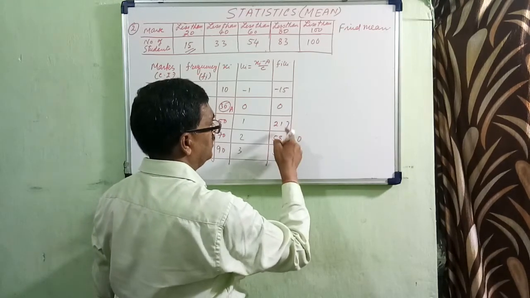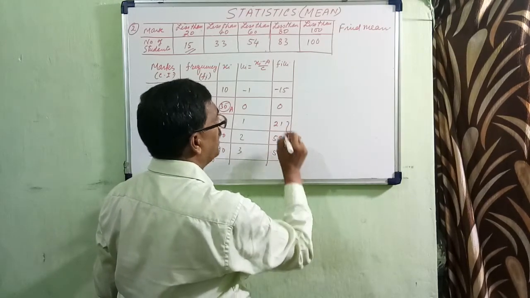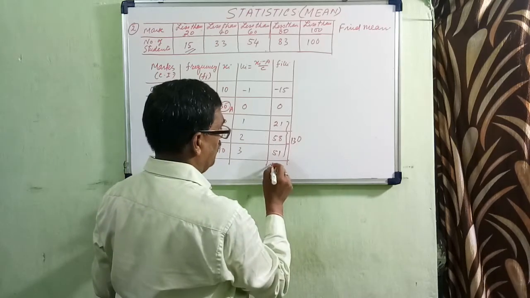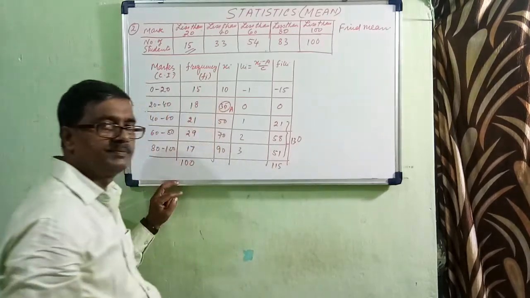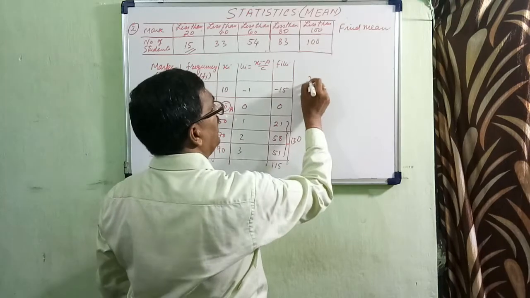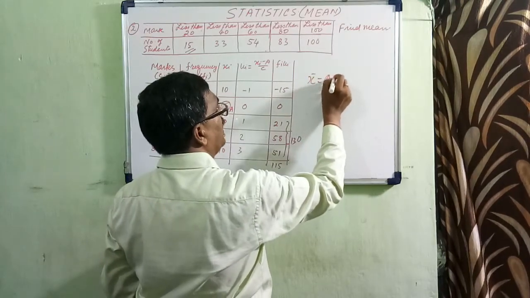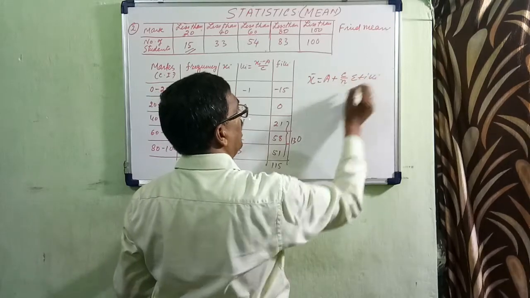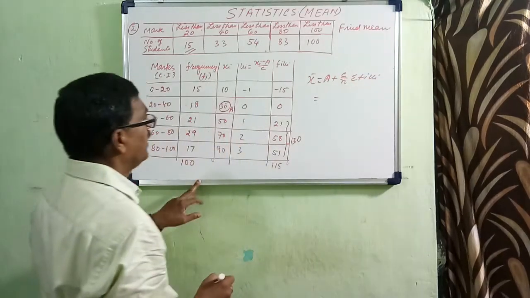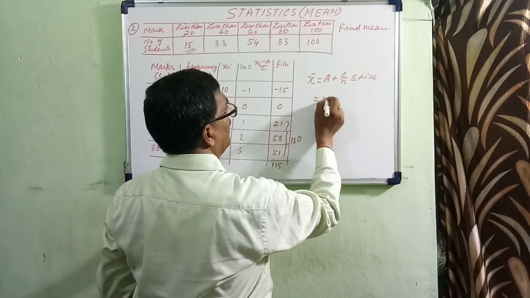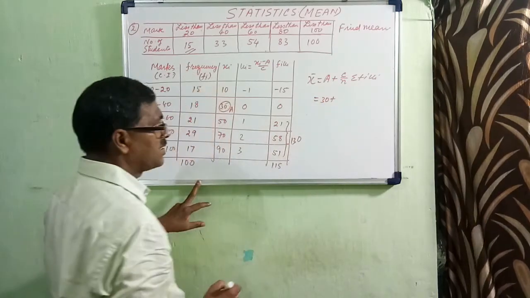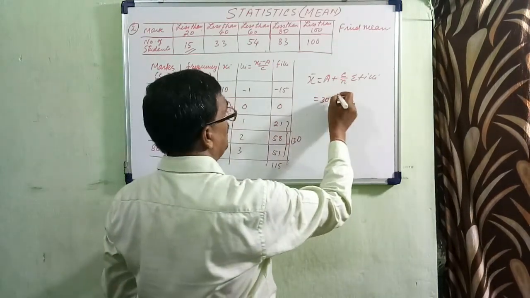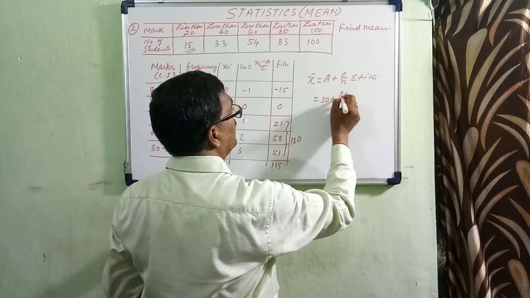0, 130 and 115. And then you find out x bar is equal to A plus C by n sigma FiUi. A is 30, C is how much? 20.